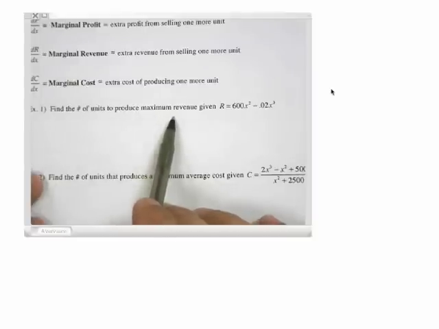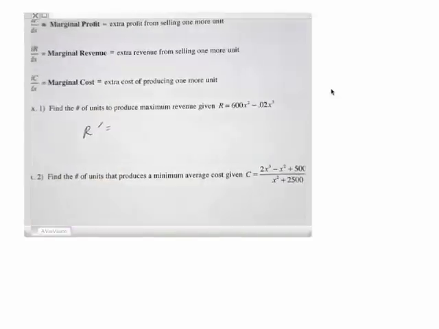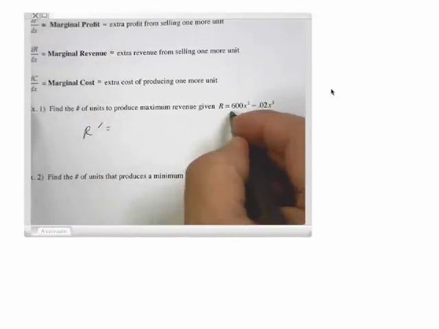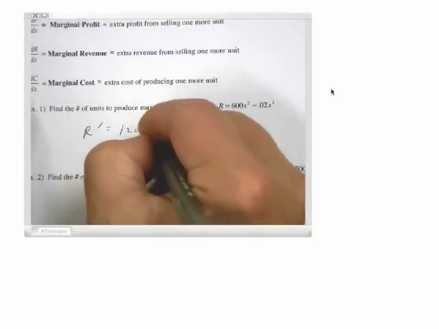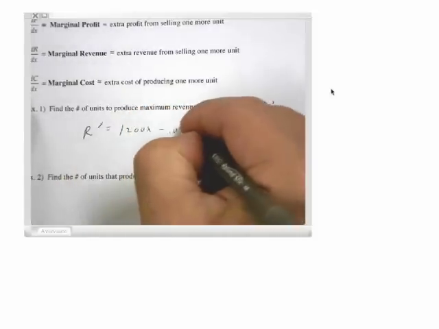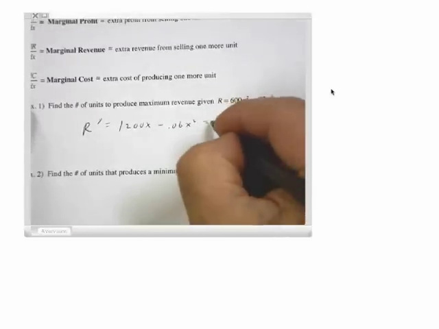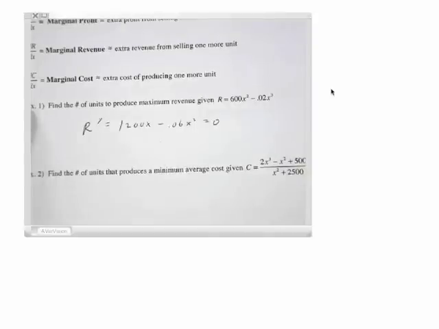All we simply do on an equation like that is find its derivative. So I take R prime. Its derivative would be 1200x, because I times by 2, minus 3 times 0.02, which is 0.06x squared. Then I set that equal to 0.